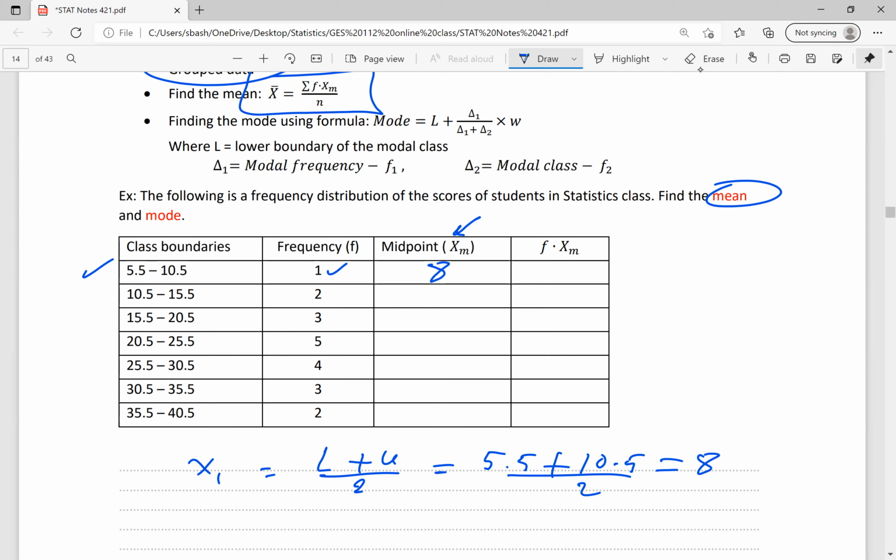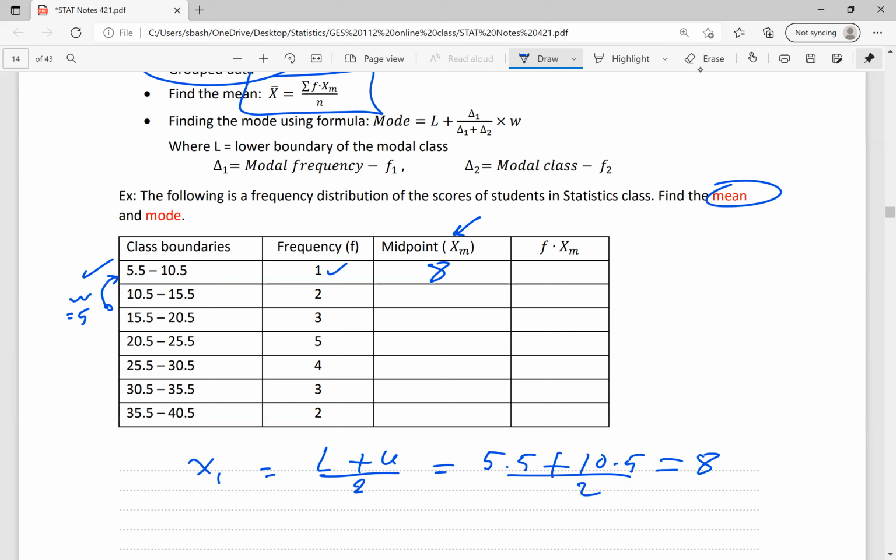So it is 8. For the second one we can do the same thing, or we can notice that the class width is equal to 5. So either I will sum the lower boundary plus the upper boundary divided by 2 for each one, or just find the first one and then add the class width in each step.